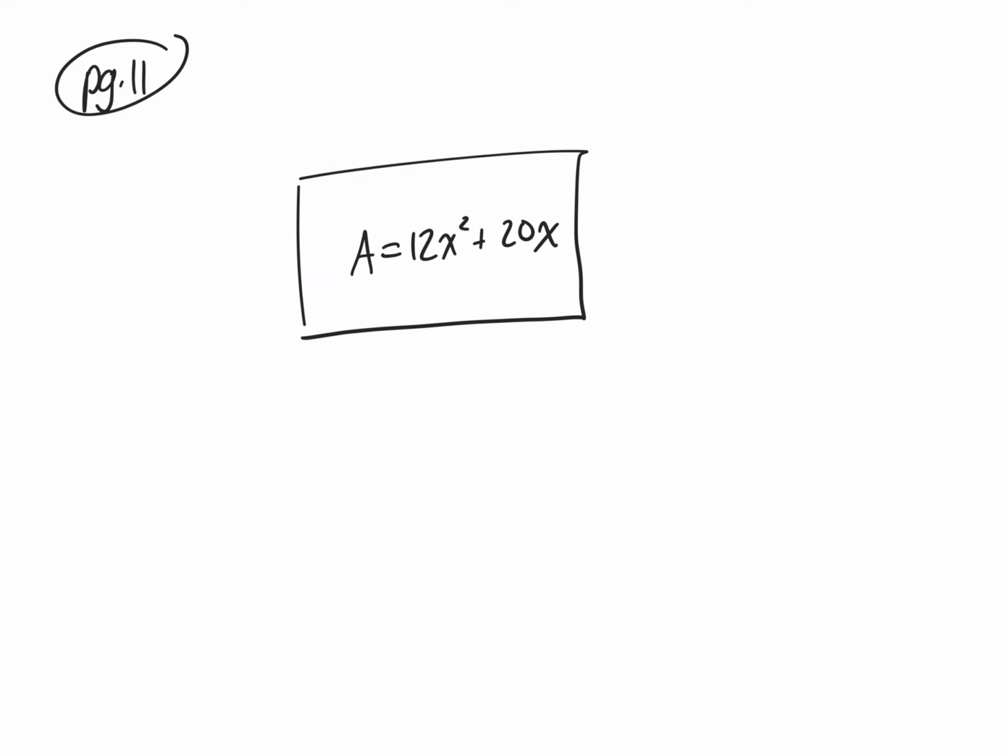That's it. Okay, so if I give you a rectangle, and I tell you that the area of the rectangle is represented by 12x squared plus 20x, we're trying to figure out what is the length and what is the width. So you're trying to figure out 2 things that you multiply together to get back to the answer. What do you have to do?